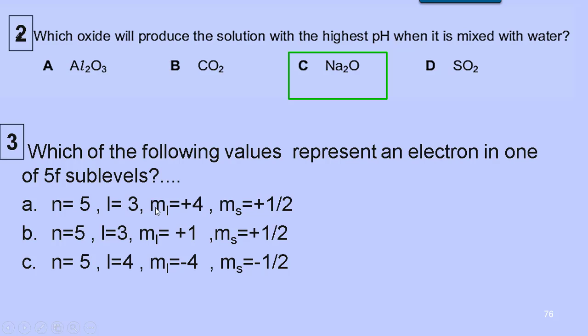After that, you have to look at the magnetic quantum number. The correct values of magnetic quantum number range from positive L to negative L, from positive 3 until negative 3. Of course, we can exclude the choice A because we have here positive 4, so the correct choice will be B.